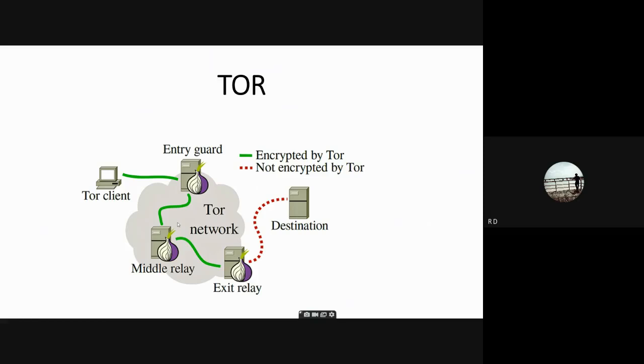I'm not going in depth into the Tor network, but basically Tor means the onion router. It encrypts the data every time it is sending. So Tor is another method where you can have anonymity and also security.